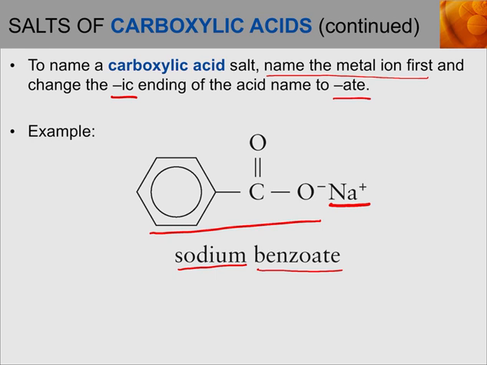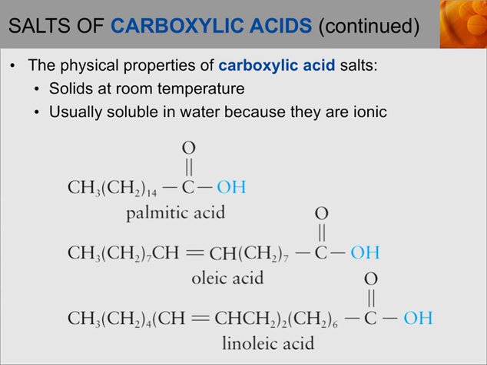Now, carboxylic acid salts are really useful. They are typically solids at room temperature, but they're also soluble in water because they are ionic. So we can use them for different things.